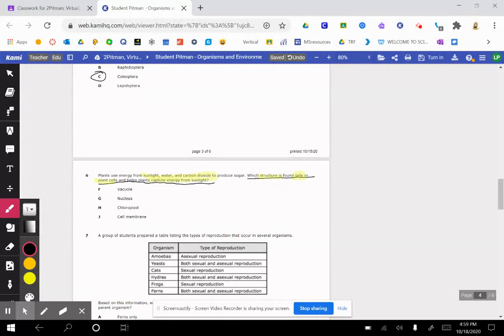A vacuole is both plants and animals. Remember, it stores waste and water. Okay. A nucleus is found in all eukaryotes, and plants and animals are both eukaryotic. Okay. Chloroplasts, I know those are in plants only.